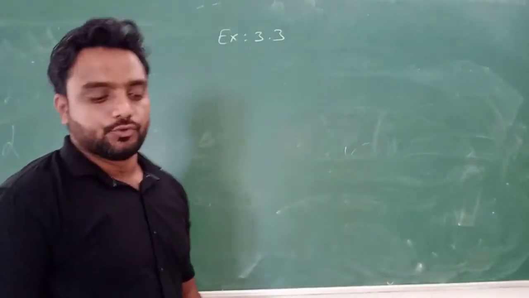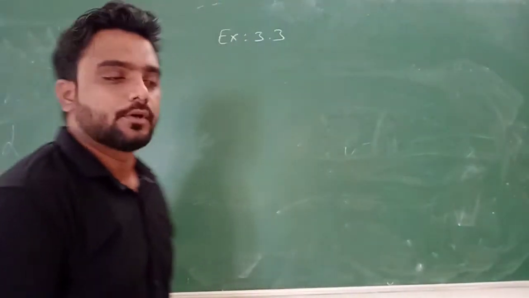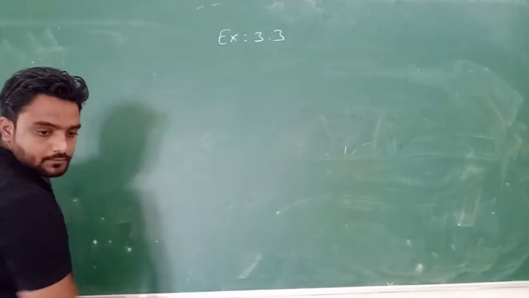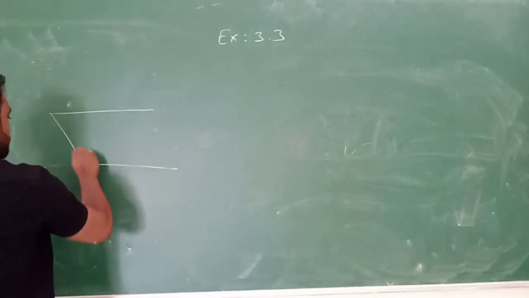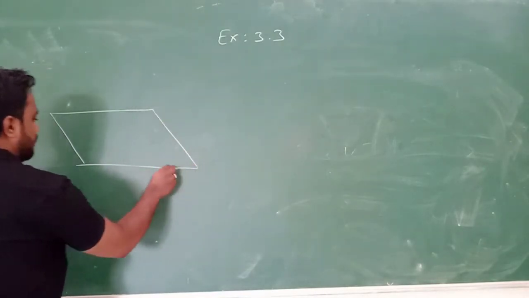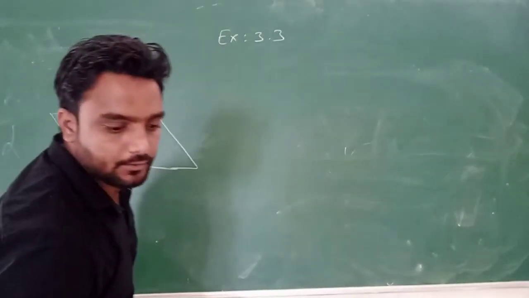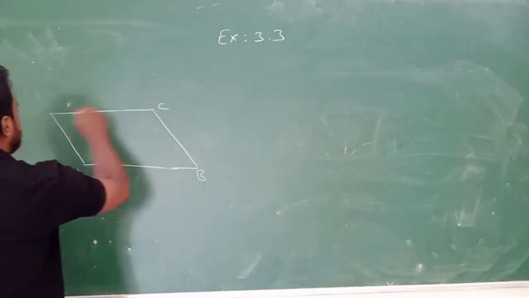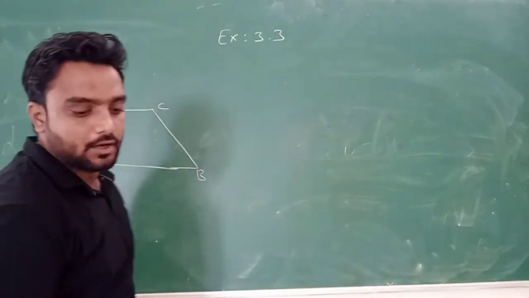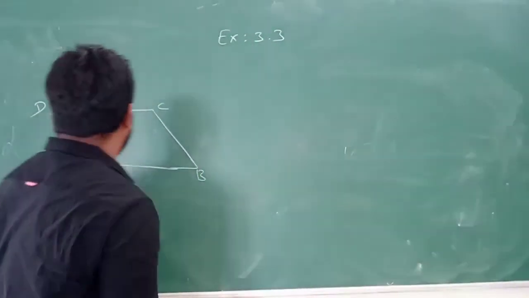What is given to you? One parallelogram is given to you. The name of the parallelogram is ABCD, and the diagonals are already given to you.